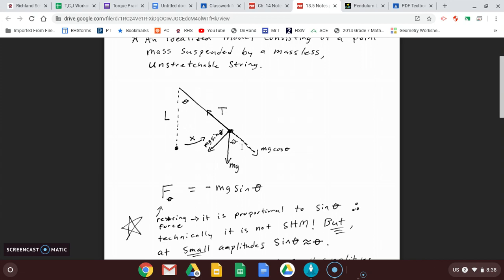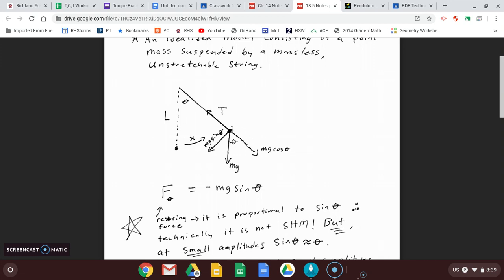Let's draw the object, the mass, right here, and basically a free body diagram on it. We have the tension in the rope pointing up, its weight pointing directly down. But we can see that I have split the weight into two components.